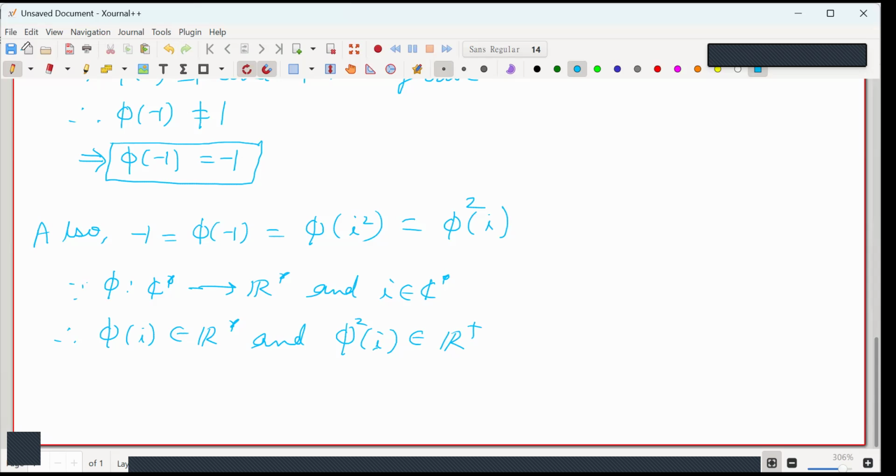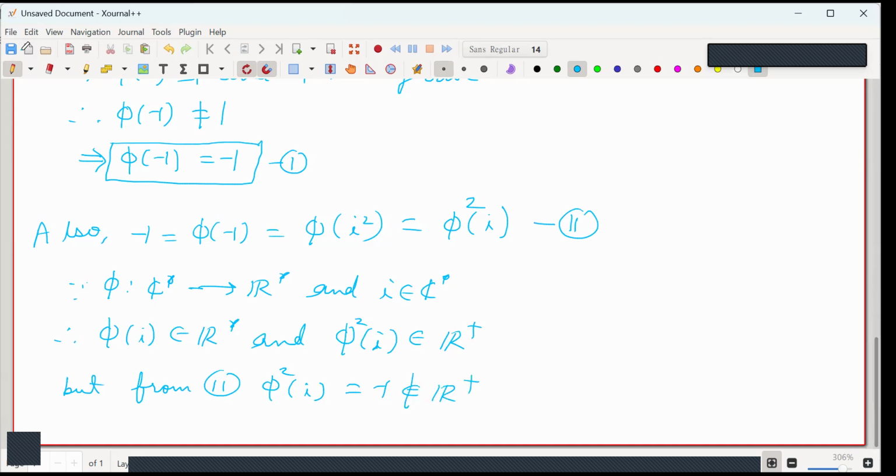But say this is equation first and this is second. But from second, phi of i square is minus 1, which is not a positive number.